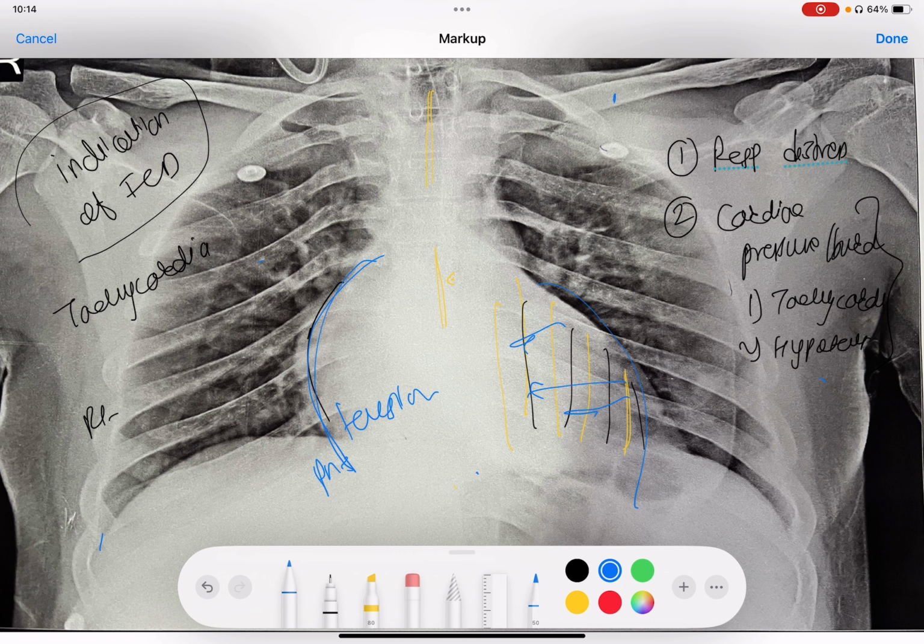So automatically the cardiac output or the stroke volume is reduced. So the patient will have hypotension, and such patients may have arrhythmia, or may collapse at any point of time.